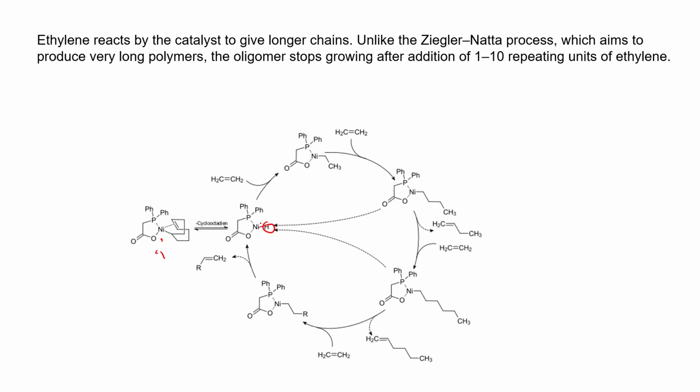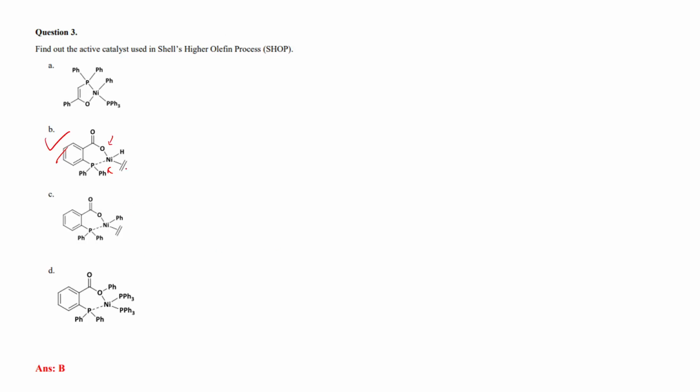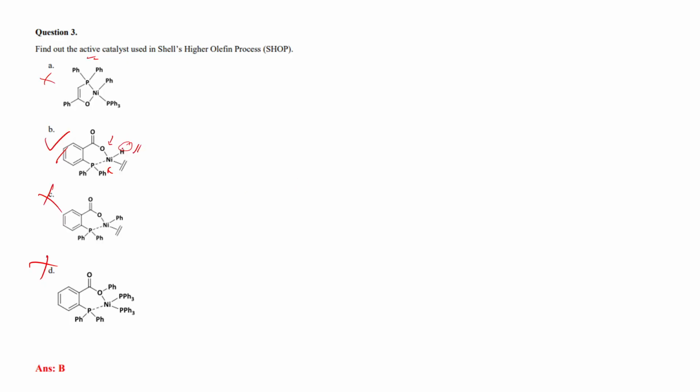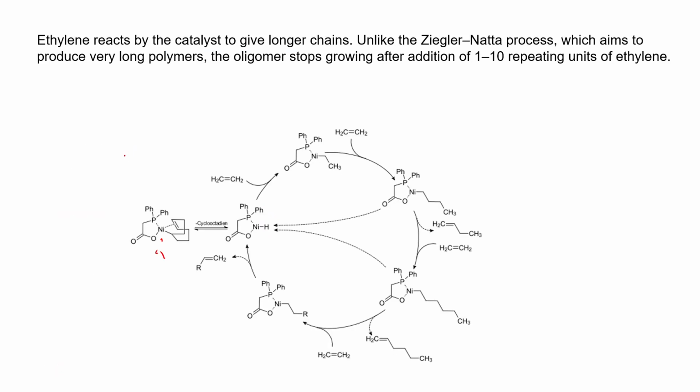That hydride should be there. So olefin and hydride should be present, which is the important thing for the active catalyst for this SHOP process. So these are the initial things of phenyl and nickel hydride. The presence of this nickel hydride is important, and you can understand that with this mechanism, how the thing happens. So the right option is obviously that particular form which is having this nickel hydride.